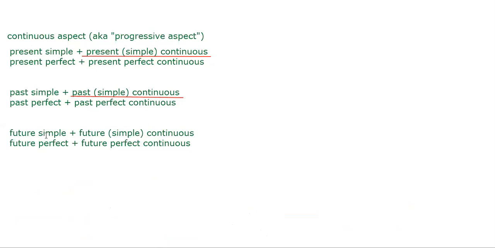Let's see. Future simple continuous. Okay. So let's say, I need to stop using that. Okay, I will be driving to the airport. So it's not really any different from, well, let me show you the contrast here.